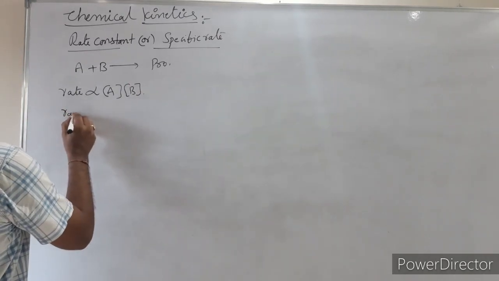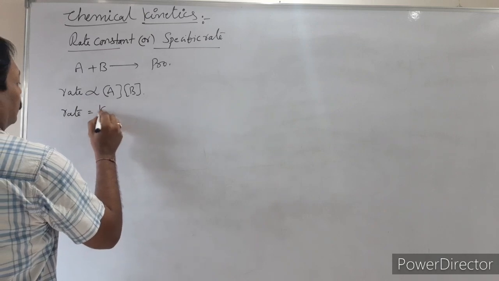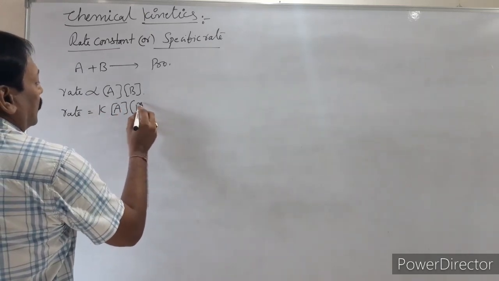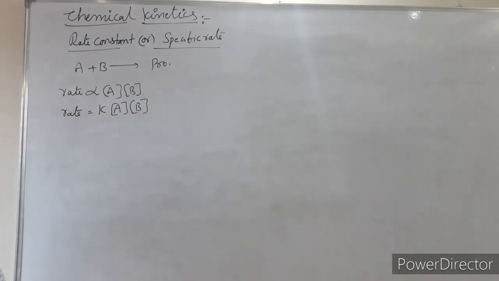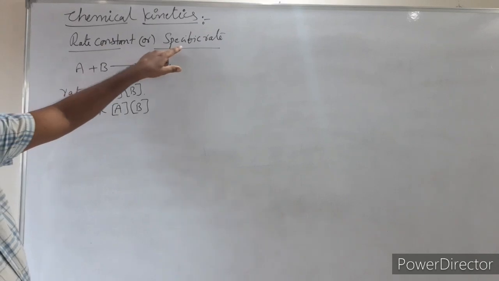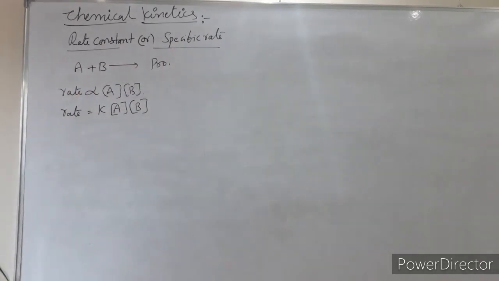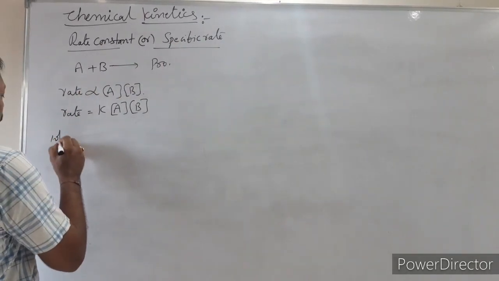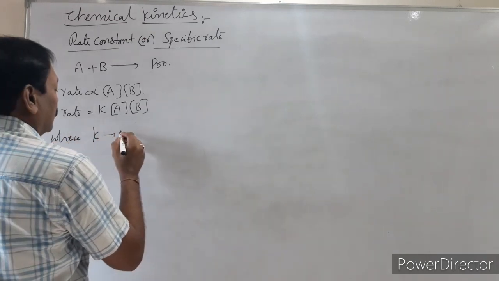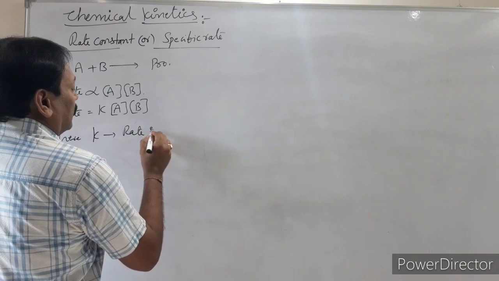Therefore, rate is equal to K into concentration of A into concentration of B, where K is the rate constant or specific rate.